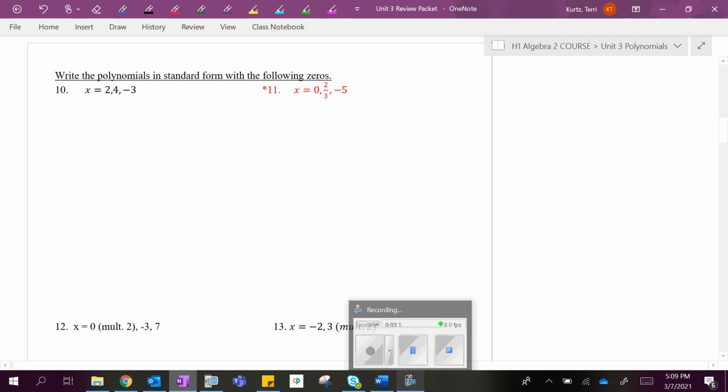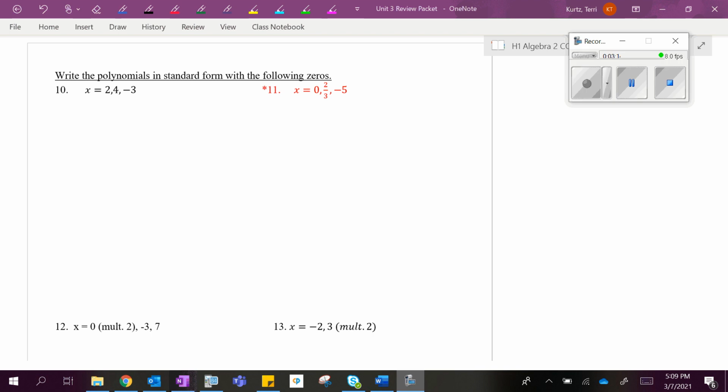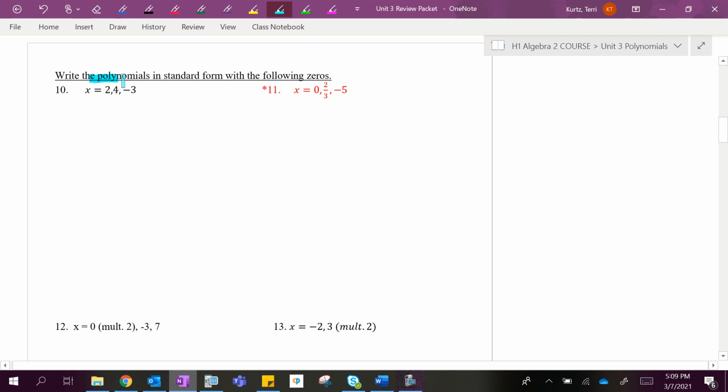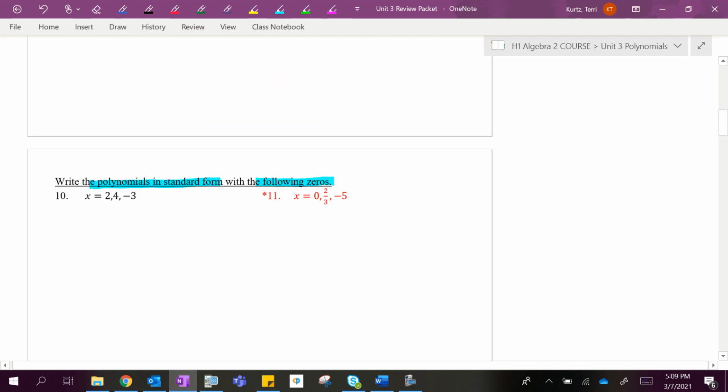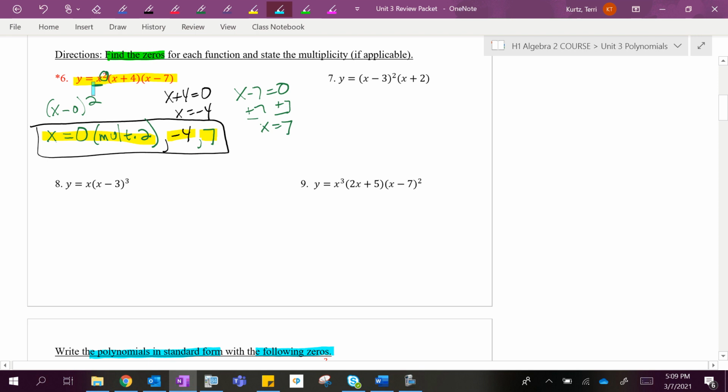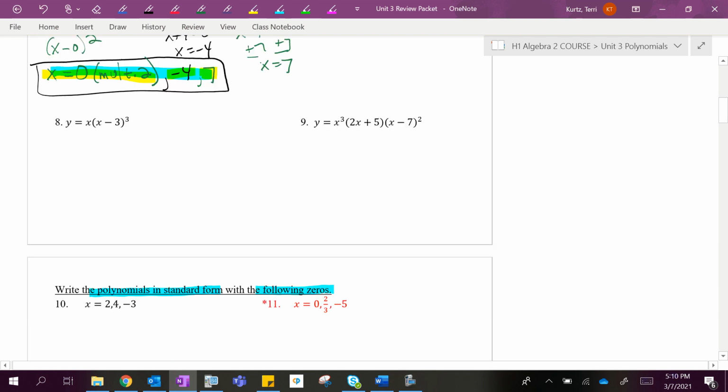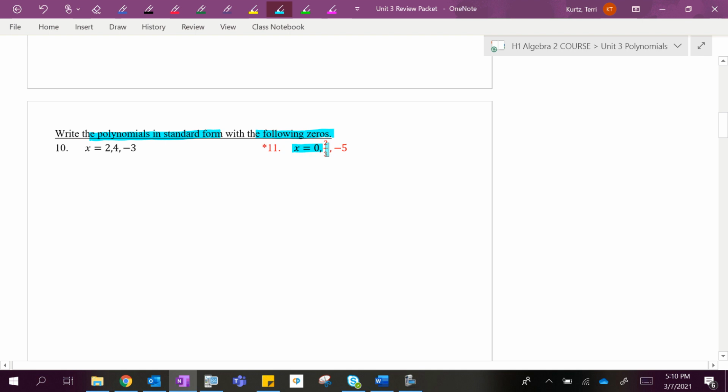Let's look at the next one. So this one, the instructions say to write the polynomials in standard form with the following zeros. So up here, they gave us factors and we found the zeros, right? Here, they're giving us zeros.